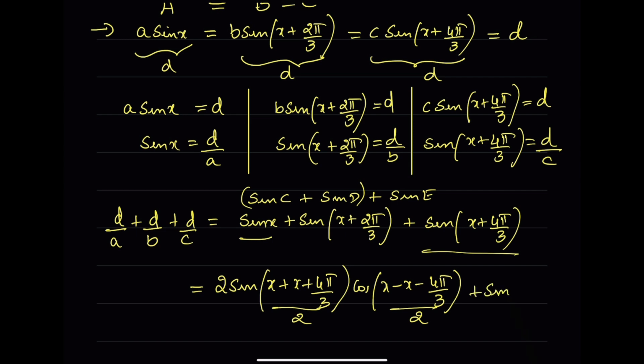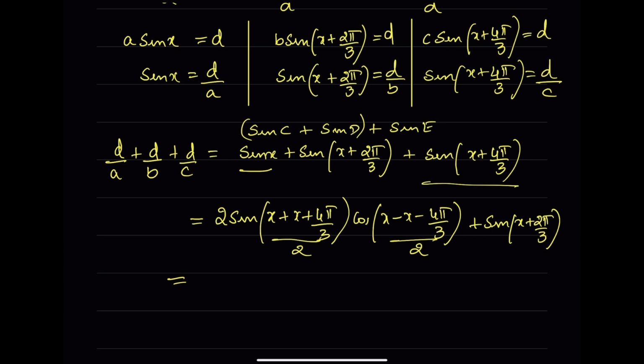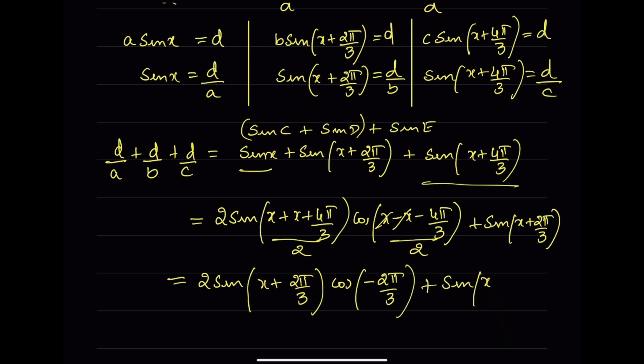Then plus sin of x plus 2 pi by 3. That is the remaining term. So let's simplify this. What we would get is 2 sin of x plus 2 pi by 3 and cos of, x gets cancelled, so we'll have minus 2 pi by 3, plus sin of x plus 2 pi by 3.